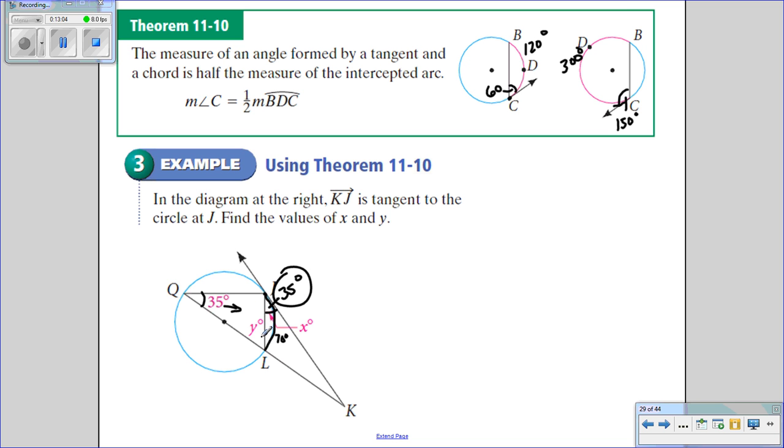Now this angle labeled y is part of a triangle. This angle up here intercepts a half circle again, so that's 90 degrees. So I'm going to subtract 90 and 35, that's 125, and do that right, I believe we get 55 degrees for angle y.